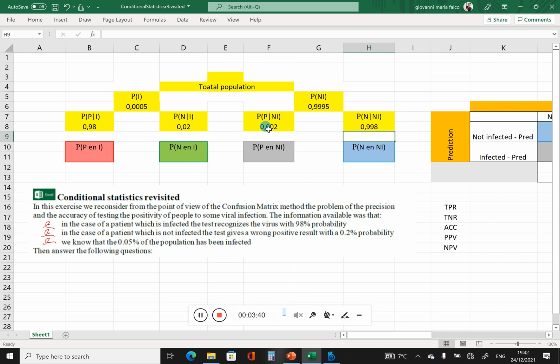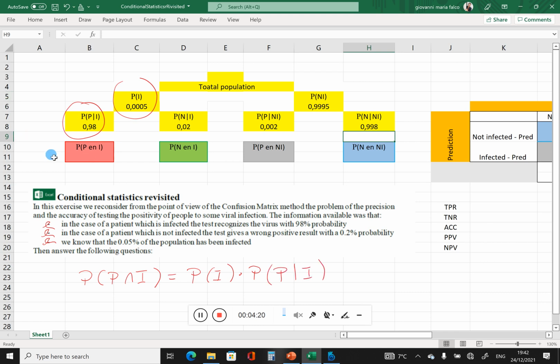Okay, in order to complete the tree diagram, then basically we have to find these probabilities, namely here, for example, the probability that you are positive and infected, and for that we can use the Bayes formula. So the probability that you are positive and infected is given by the product of the probability that you are infected times the conditional probability to be tested positive given that you are infected.